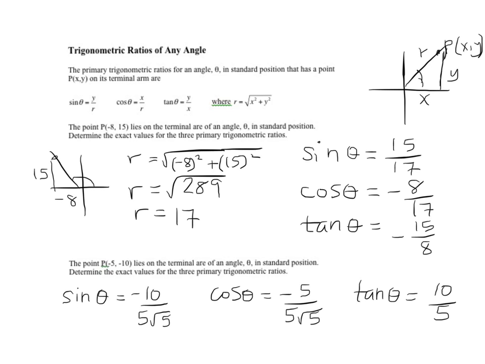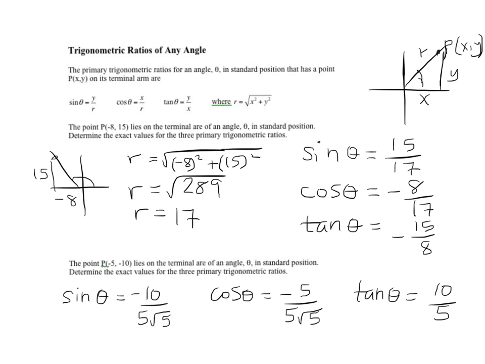These are the answers that I get before simplifying. But all of these can be simplified. Negative 10 over 5 root 5. The negative 10 and the 5 have a common factor, right? Of 5. So that can simplify to negative 2 over root 5. But then that can actually simplify further as well. Negative 2 over root 5 needs to be rationalized.